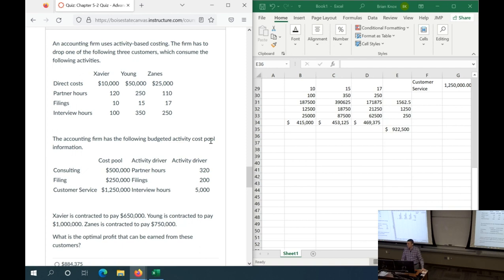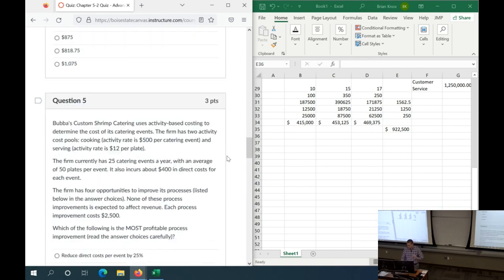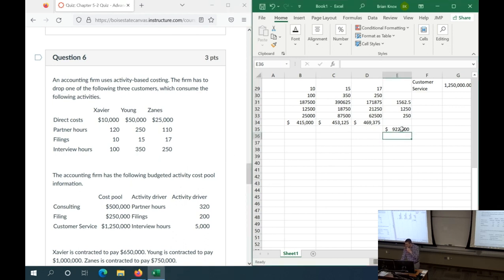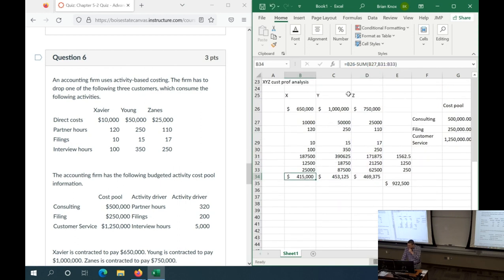Okay. Can I see how you got the final line? This right here? Oh, the line. Yeah. So I'll go to this one. I took the revenue minus direct costs and minus all the overhead costs, the sum of those three lines of overhead cost.